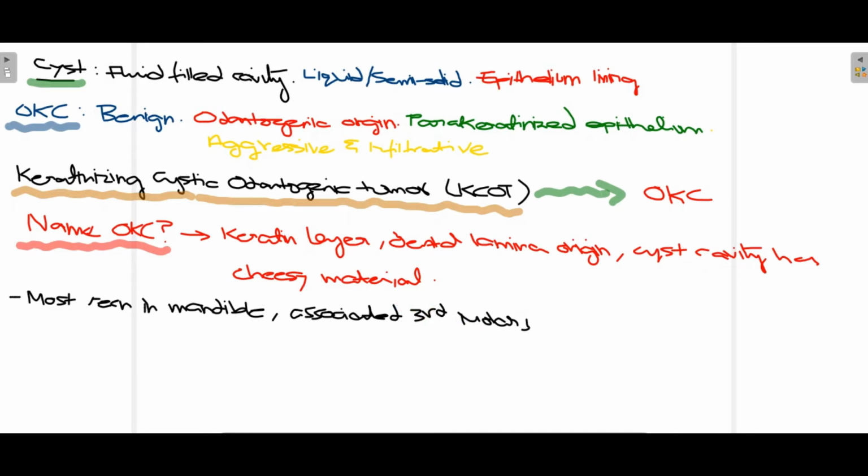So these features give the name of OKC, which is odontogenic keratocyst. Now, odontogenic keratocyst is most commonly seen in mandible and maxilla associated with the posterior part of your ramus, and particularly the teeth that are impacted in that particular region, and most commonly the teeth that are present and are impacted in those regions are your mandibular or maxillary third molars.